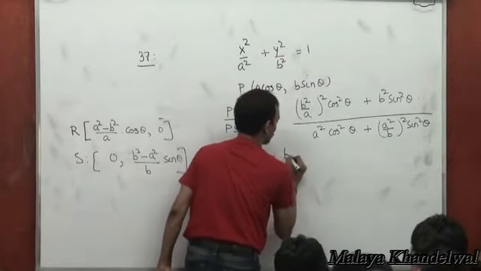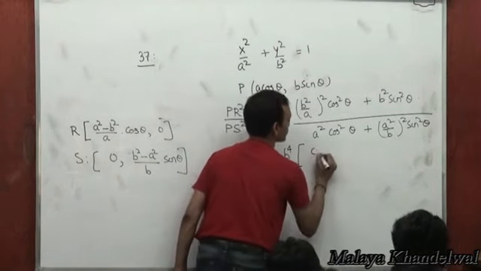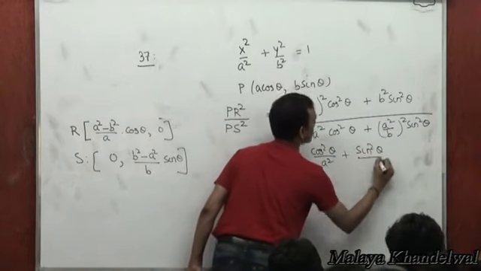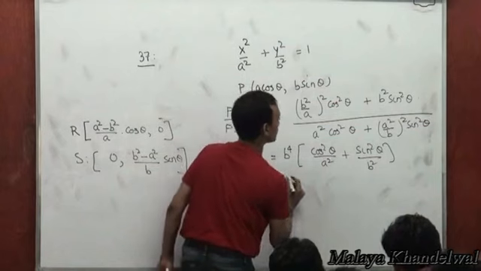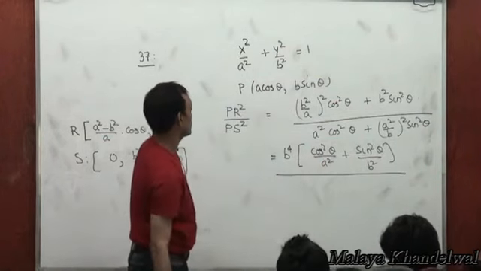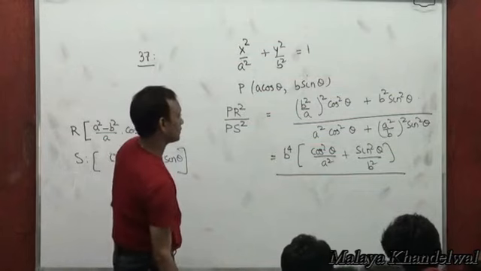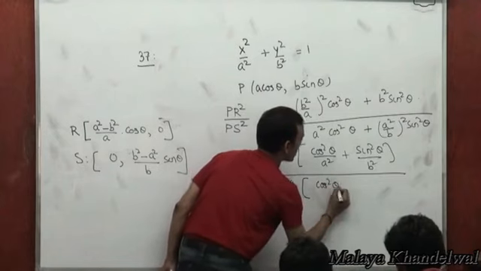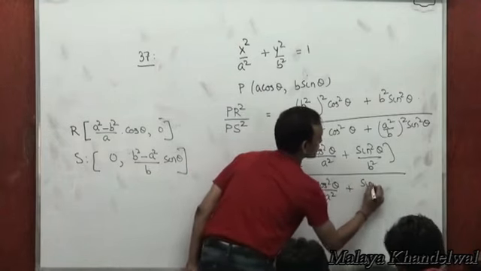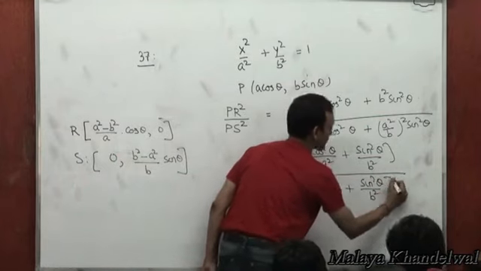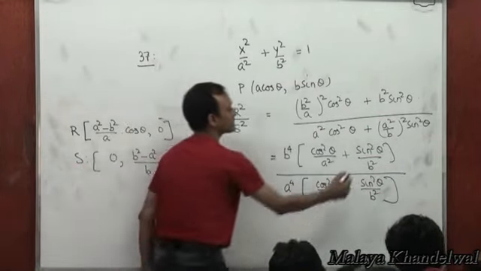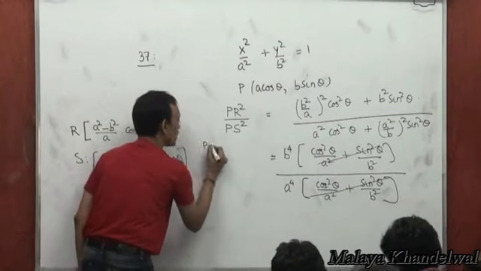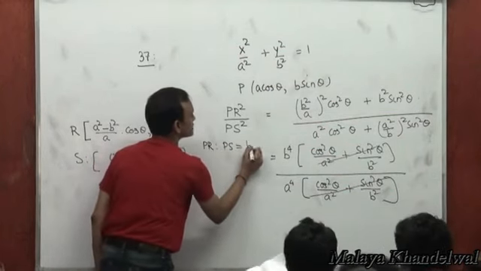I take b power 4 common from the numerator: cos squared theta by a squared plus sin squared theta by b squared. I take a power 4 common from the denominator: cos squared theta by a squared plus sin squared theta by b squared. This obviously gets cancelled. So PR squared by PS squared is b power 4 by a power 4. So PR is to PS is b squared is to a squared.